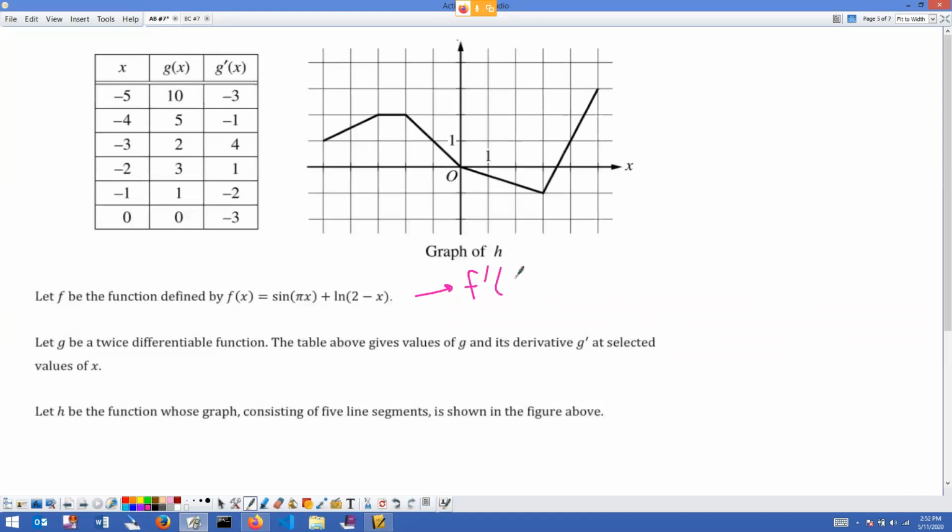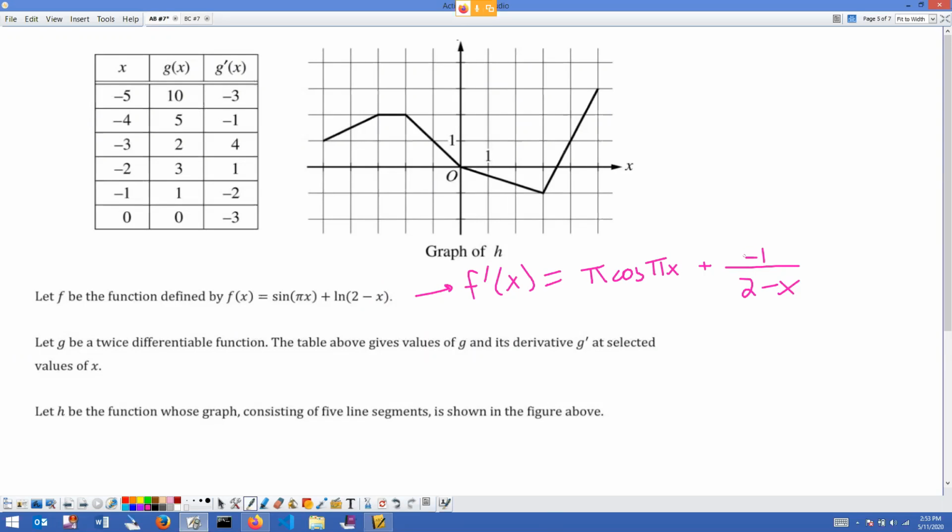F prime of x should be equal to the derivative of sine of pi x, which is pi cosine pi x. And then the derivative of ln of 2 minus x, that's ln of u, which is 1 over u times the derivative of u, which is the derivative of 2 minus x, which is negative 1.